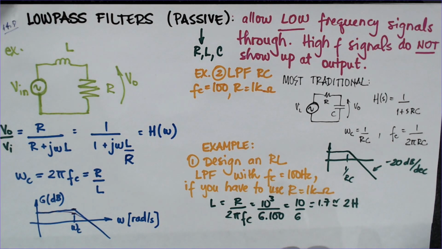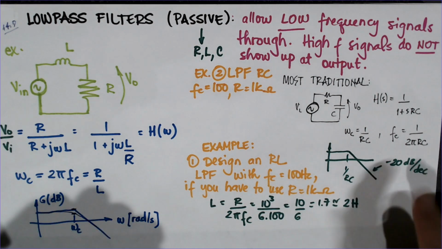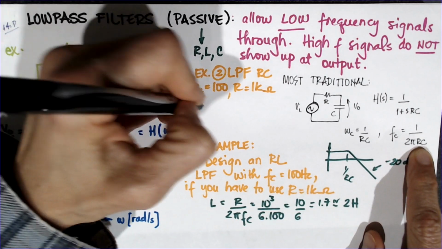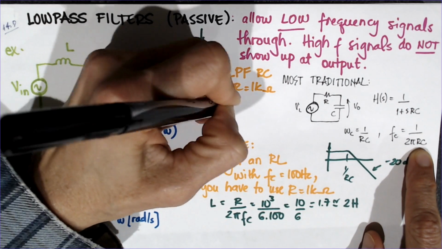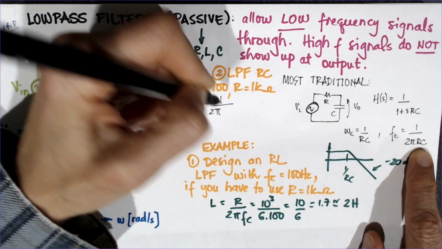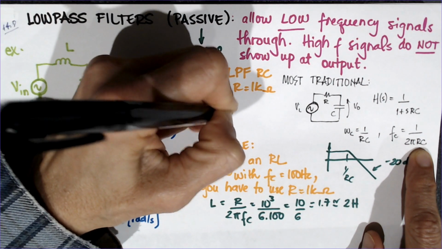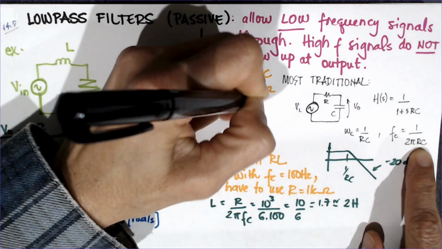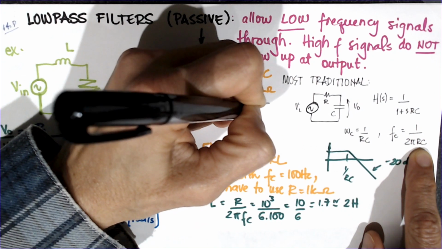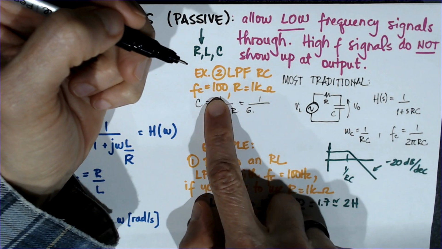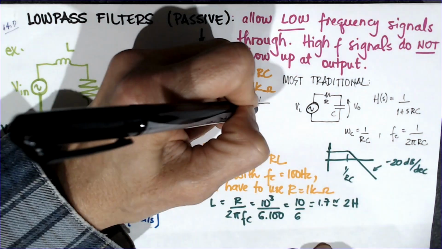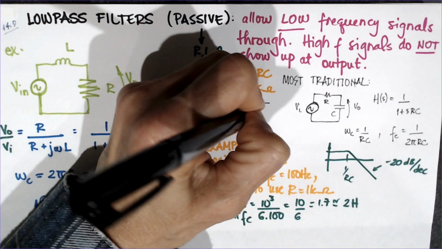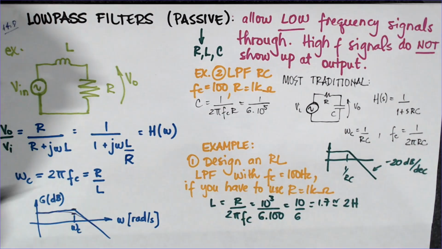I don't think I'm going to have enough space, so I'm going to put the C on this side, and then it's going to be 1 over 2 pi FCR, so 1 over 6 times the FC is 100 times 1,000, that gives me 10 to the 5.